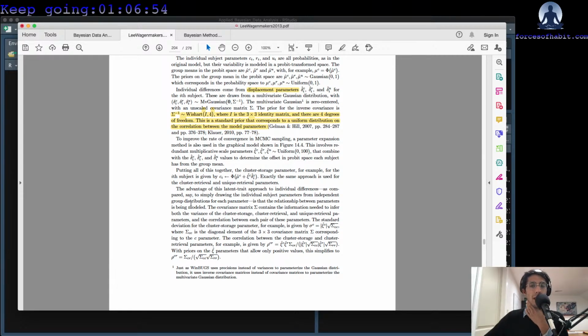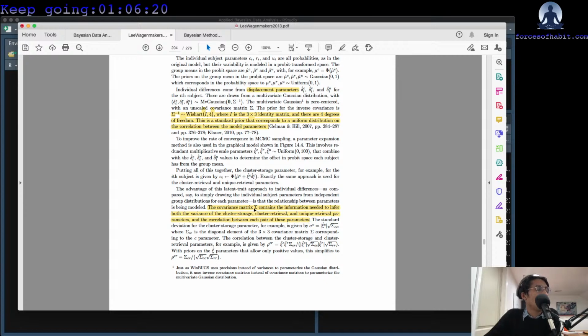But in this case, the parameters are not independent of one another, they're dependent. So in addition to creating this hierarchical structure, we also want to account for the associations between each of the parameters in the model. The covariance contains information needed to infer.